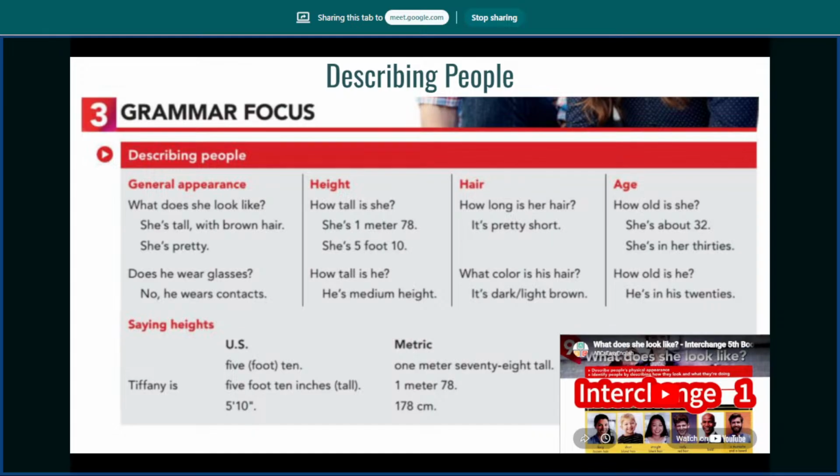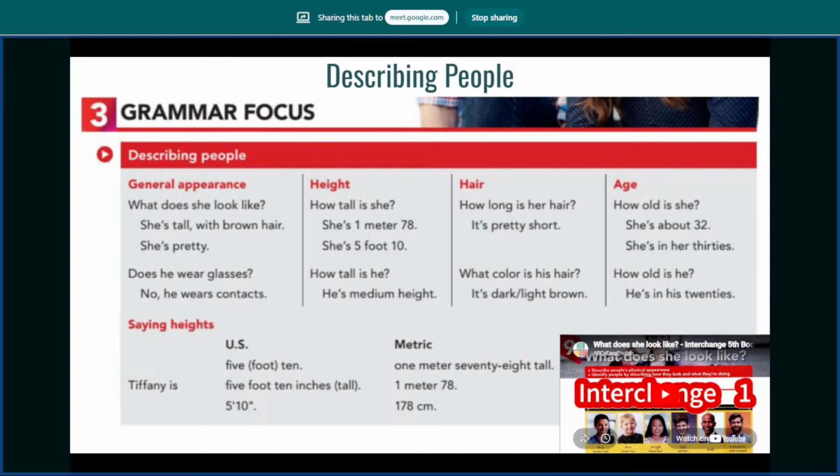Then we can also ask, does he or she wear glasses? मतलब क्या वो चश्मा पहनते हैं, glasses चश्मा पहनते हैं. Then the person can say yes he does or no he doesn't, and along with that we can also say no he wears contacts मतलब contact lenses जो होते हैं तो he wears contacts, we can say. Then we can ask about someone's height by making a question like how tall is he or how tall is she.